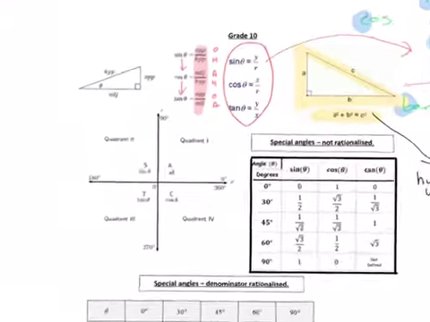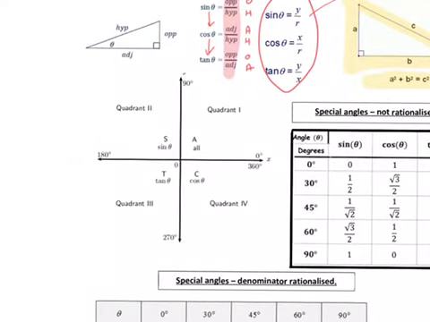Okay, and then you also learned about basic quadrants in grade 10. So what that just means, for those who forgot, we have a Cartesian plane. And we start off labeling at 0. Then we go anti-clockwise: 90 degrees, 180 degrees, 270 degrees, and 360 degrees.